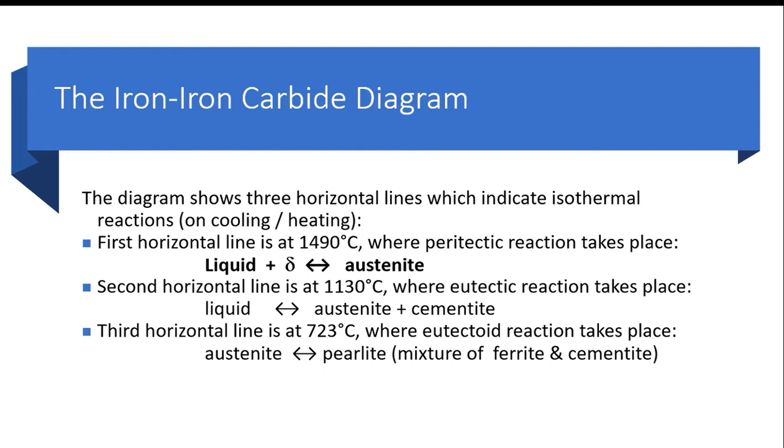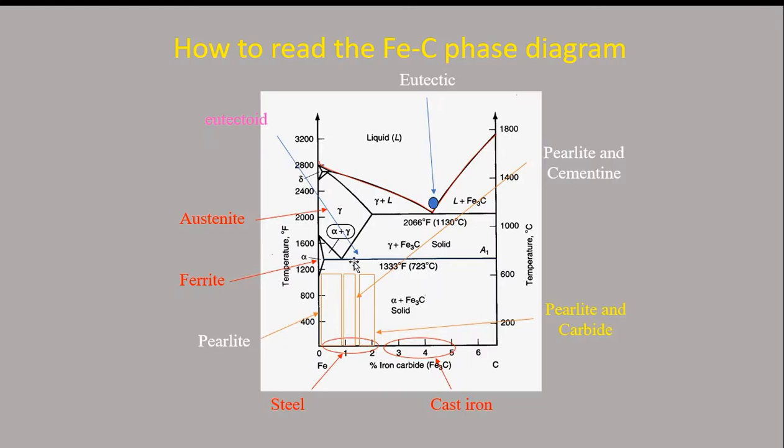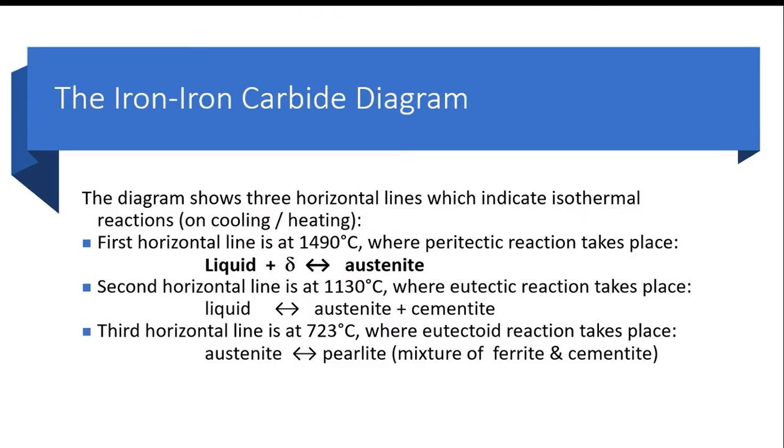The diagram shows three horizontal lines which indicate the isothermal reactions, cooling and heating. Those three, 1, 2 and 3. The first horizontal line is at 1490, where the peritectic reaction takes place.